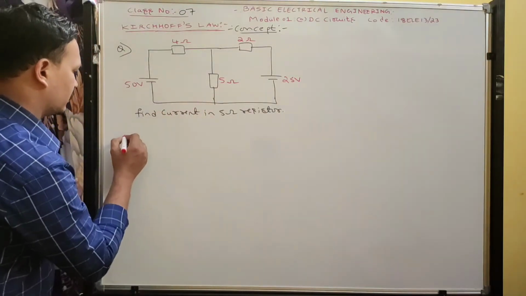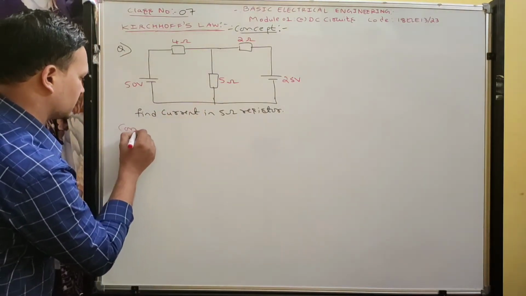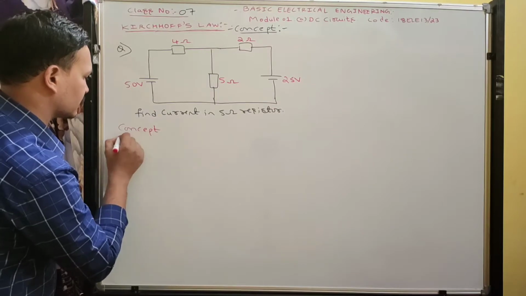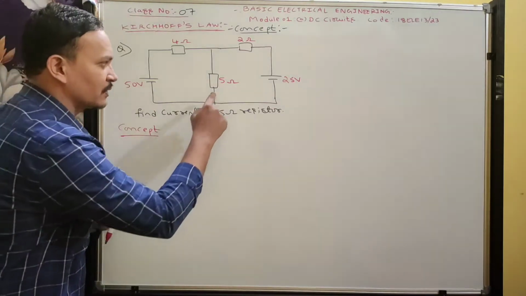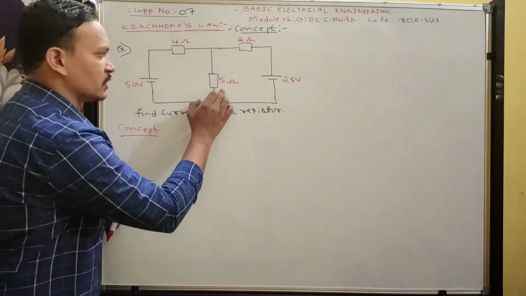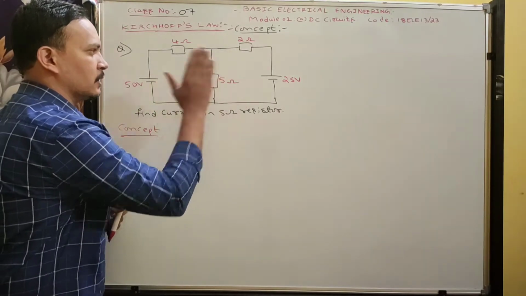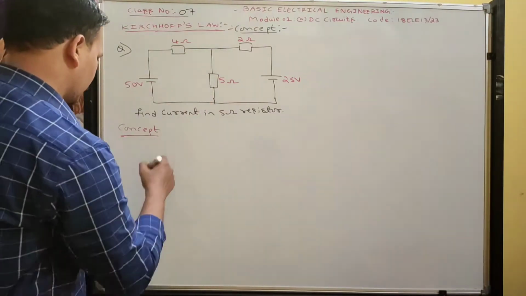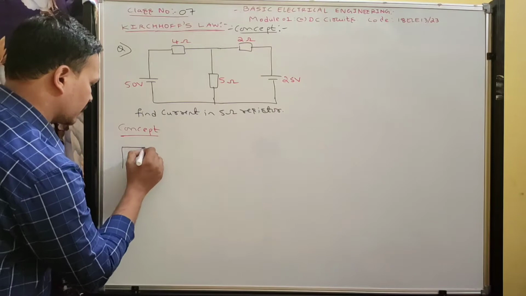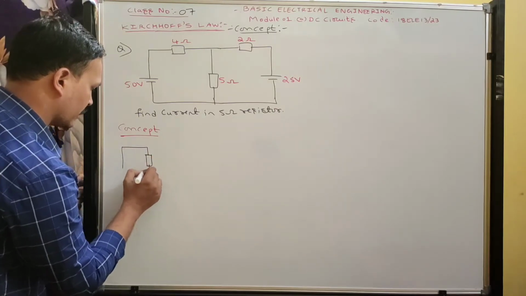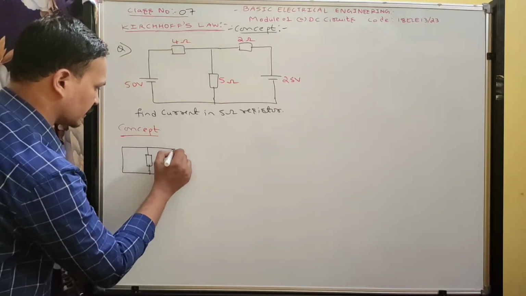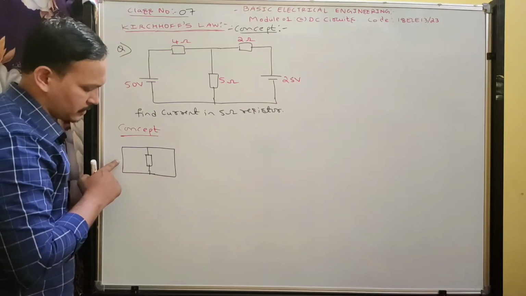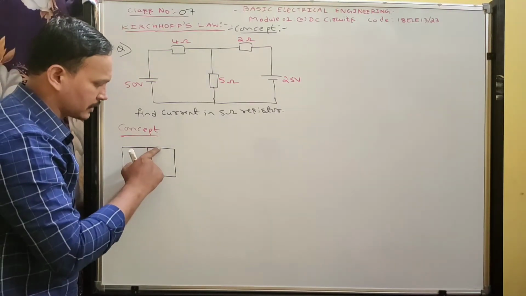Let's look here. One student can assume like this, because they are asking for the current flowing through the middle resistor. This 5 ohm resistance will carry loop 1 current and loop 2 current. So you consider the middle resistor. This is the voltage source, resistor, voltage source.